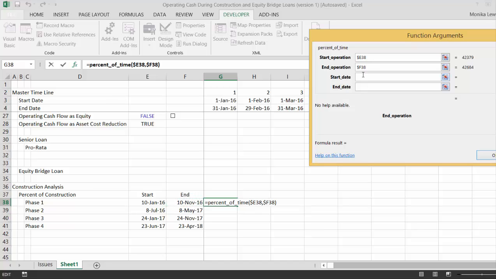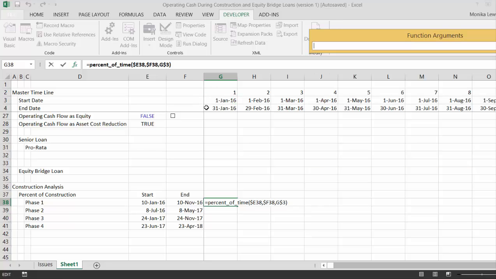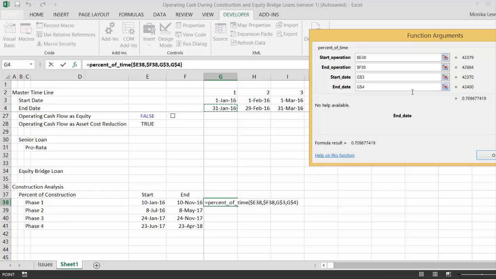And then you push the start date, and this time you press the F4. And the end date, F4, like that. And then it gives you the number.